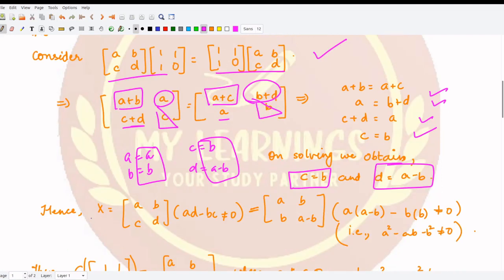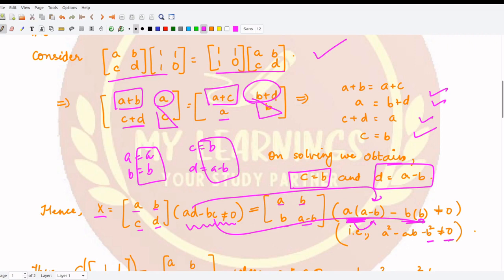So your matrix X, which was earlier A, B, C, D, could now be written in this form: A, B, B, A minus B, where you had the condition previously that AD minus BC should be non-zero. Now instead of writing D, you are writing A minus B, and instead of writing C, you are writing B, correct. So you can simplify this to obtain A square minus AB minus B square, and this should be non-zero.